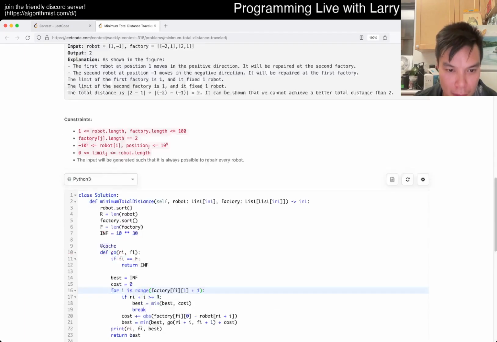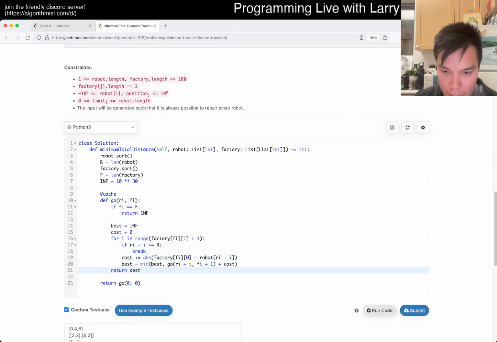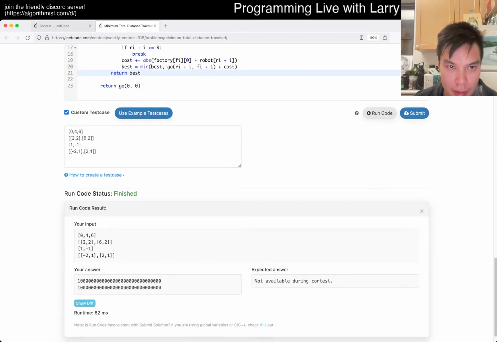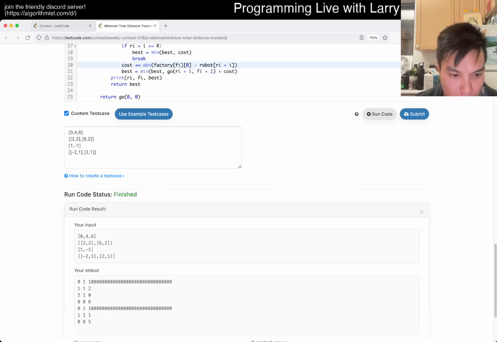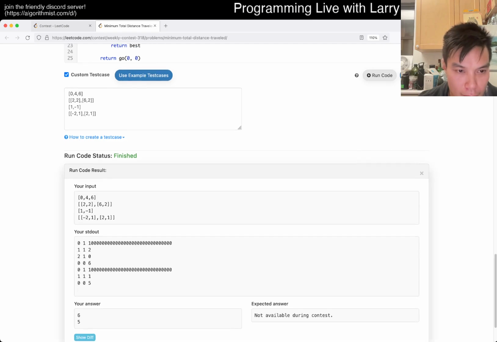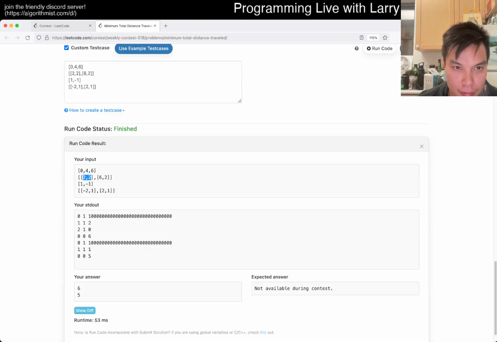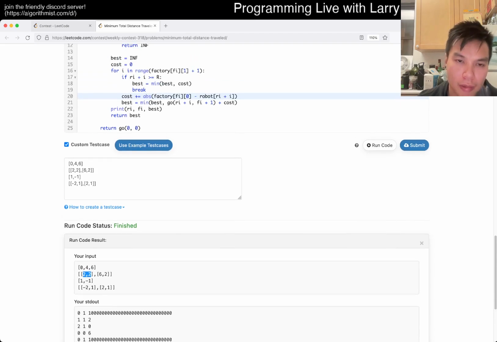Alright, this is slightly better, but still wrong. Why does it think it is 6? This is 4. This is a little bit wrong. So 0 means that the cost is wrong.